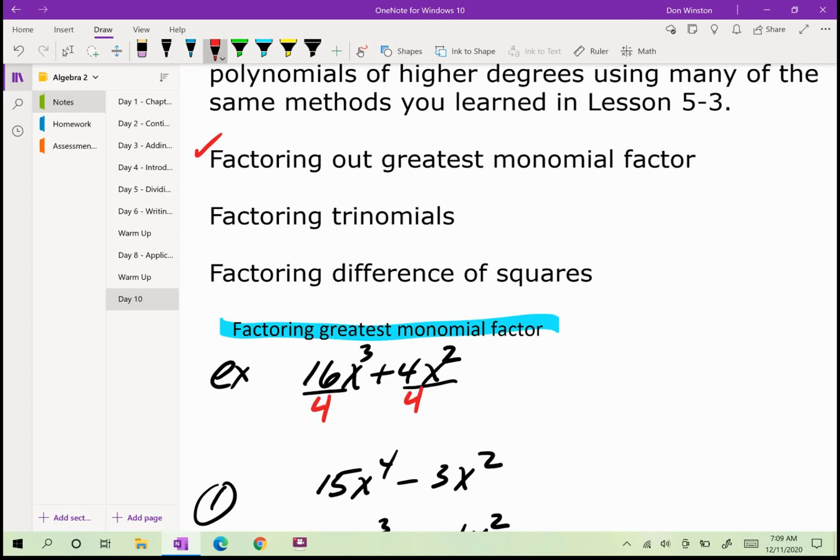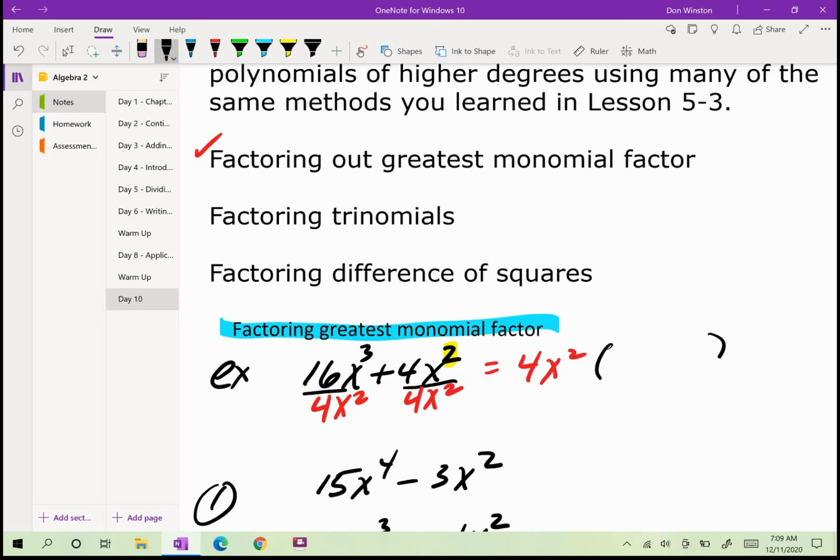And to recall, the largest factor that we can divide x cubed and x squared by is always the variable with the smallest exponent. Here we have 2, so I can divide each of those terms by x squared. My greatest monomial factor then is 4x squared.